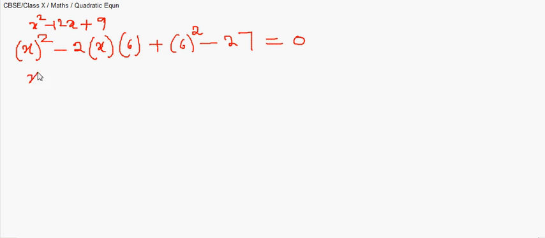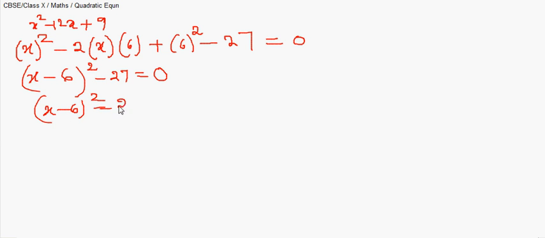It is x minus 6 whole square minus 27 equals 0. So x minus 6 whole square gives us 27. Now finding the square root of both the sides, x minus 6 is equal to plus minus root of 27.